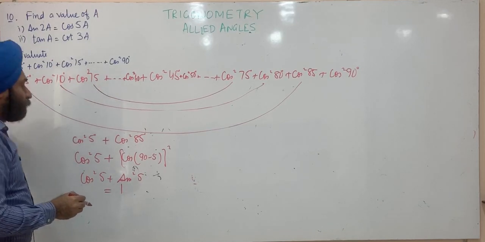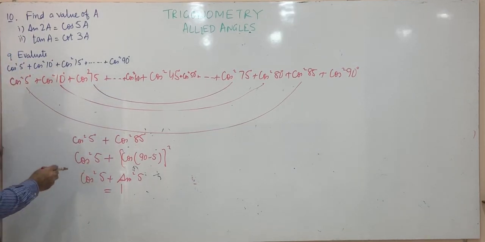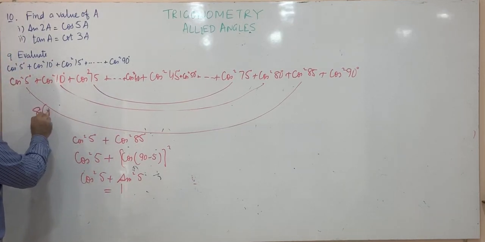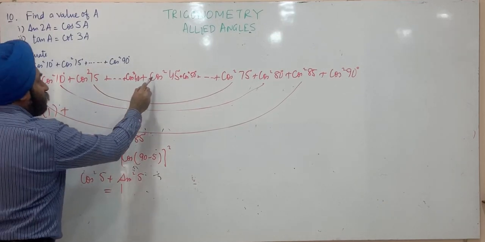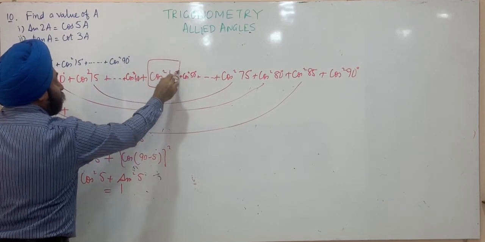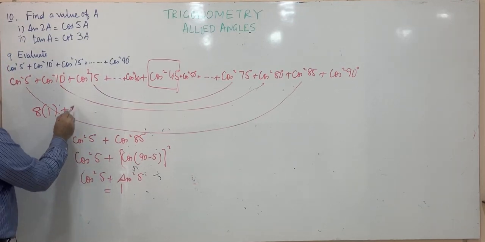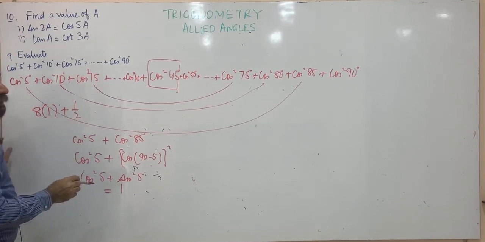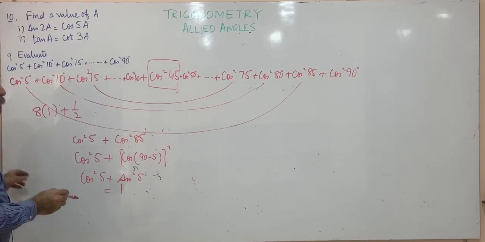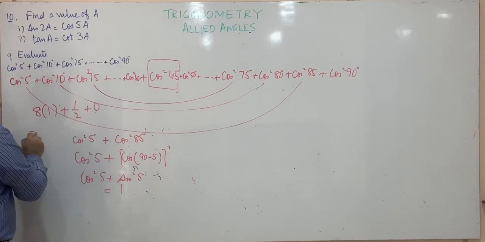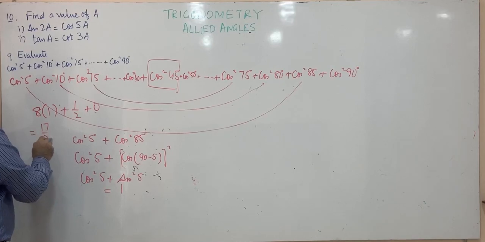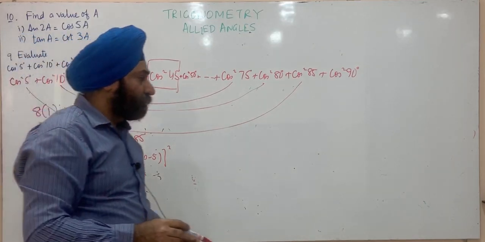We have 8 terms, sum of each is 1. So 8 into 1, and cos square of 45 will not pair up with anyone. Cos 45 is 1 by root 2, square of that will be 1 by 2. Last is cos square of 90 degrees, that's 0. So this is how we get the answer. Answer is 17 by 2.